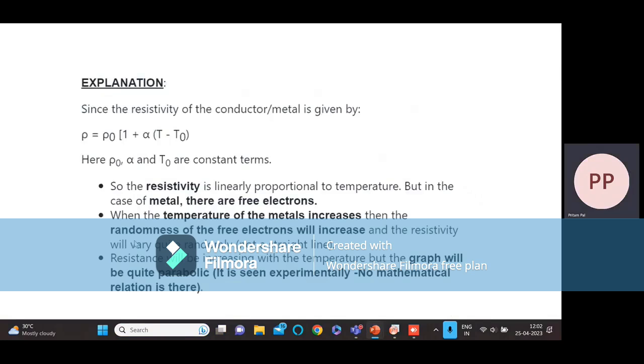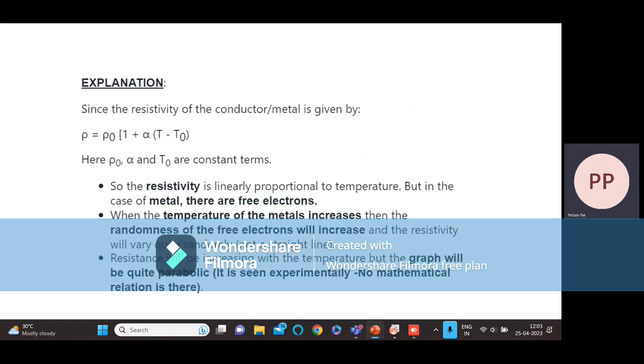So the explanation is that the resistivity of the conductor or metal is given by this expression. You can see it changes linearly according to the expression, and it also has a cutoff, which is the residual resistivity. The resistivity is linearly proportional to the temperature, but in the case of metal there are free electrons.